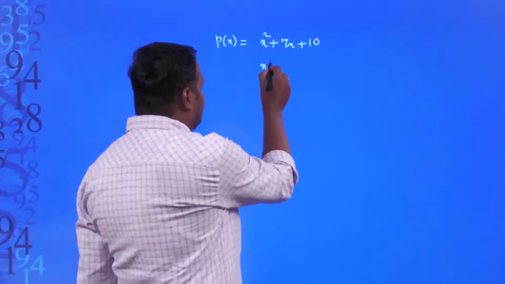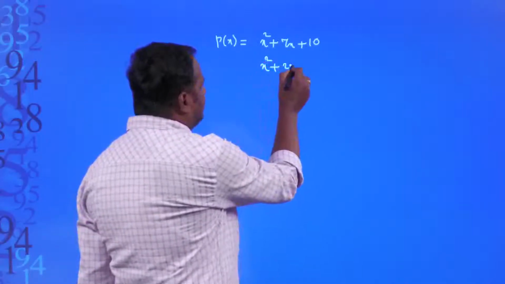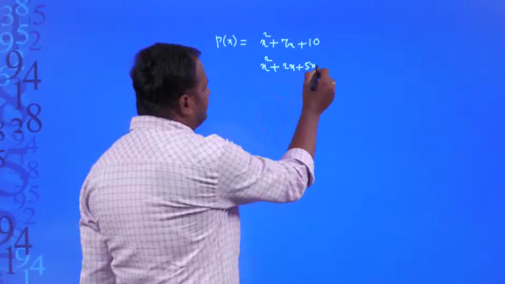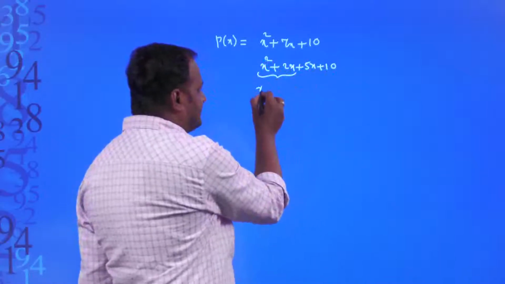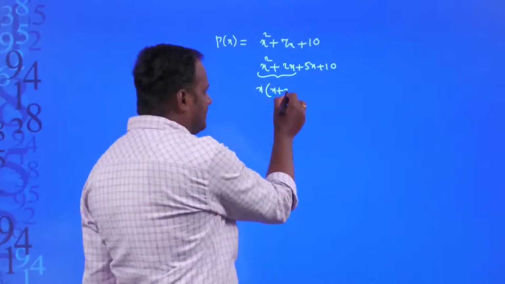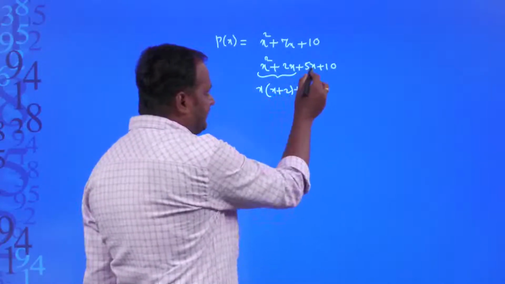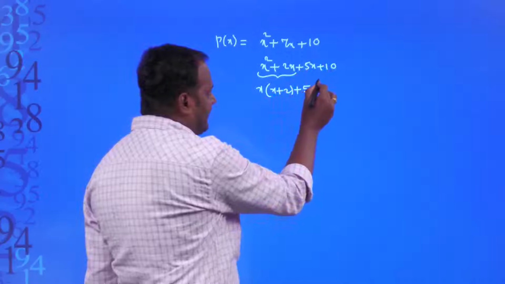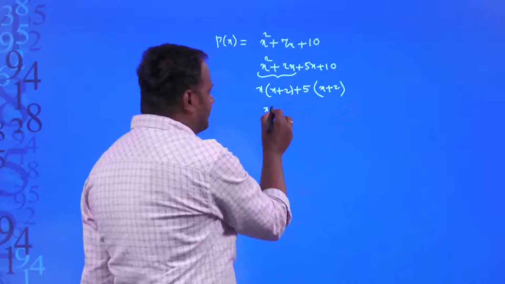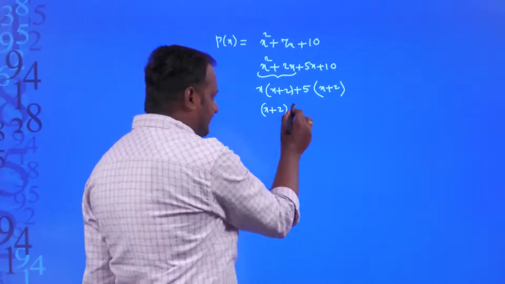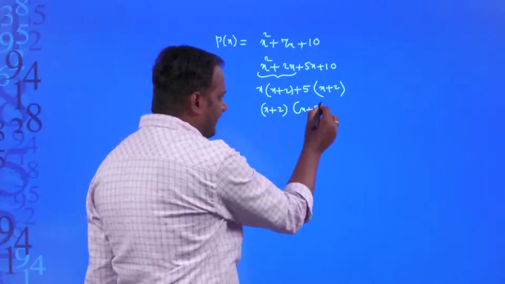I can say x square plus 2x plus 5x plus 10. From the first two terms, I can take x common, and then x plus 2, and from 5x and 10 I can take 5 common, and then x plus 2. So totally I have x plus 2 as one factor and x plus 5 as another factor.